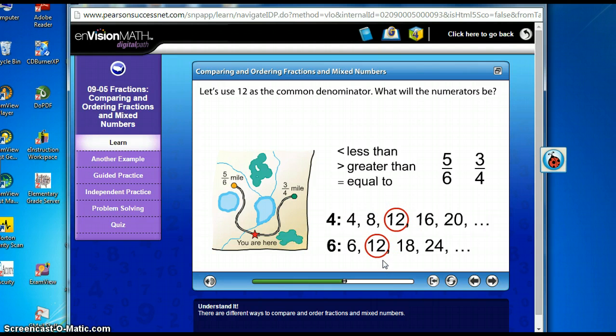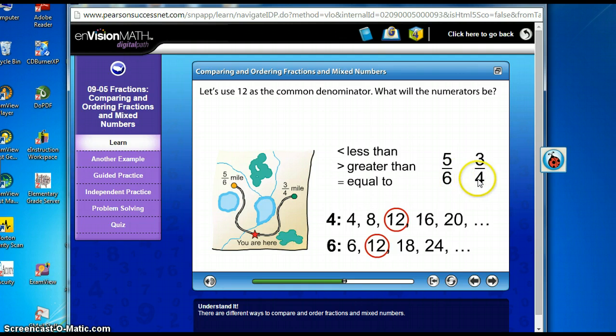But sometimes you may encounter two denominators, and you may think to yourself, I'm not sure what they both go into. Another way to do it is to multiply your denominators like this. If I'm not sure what 6 and 4 both go into, what common denominator to make, I could take 6 times 4 to get 24.